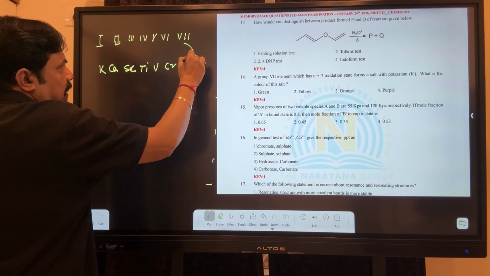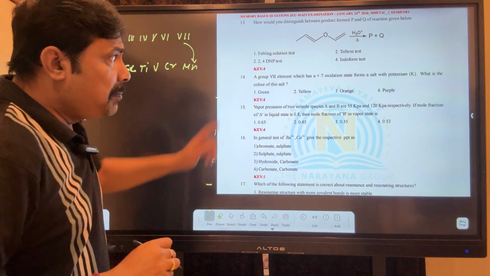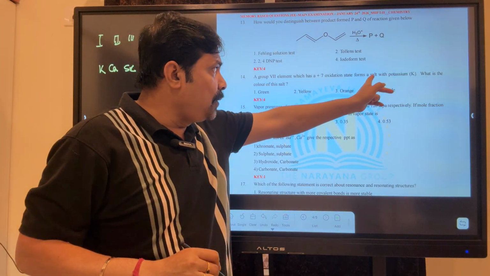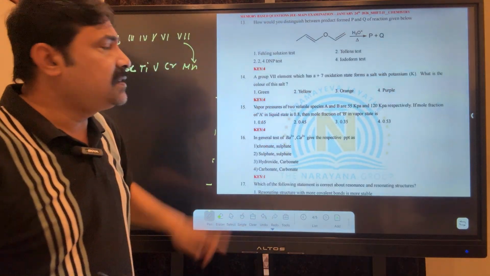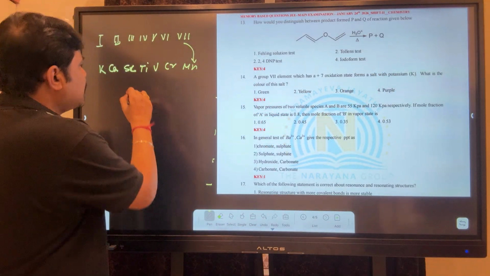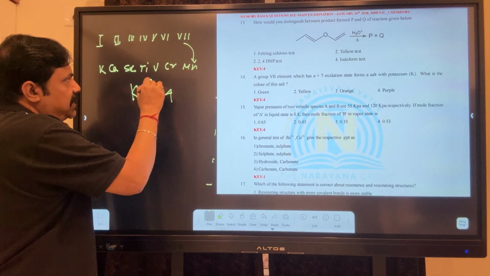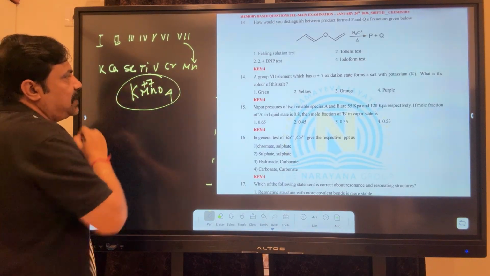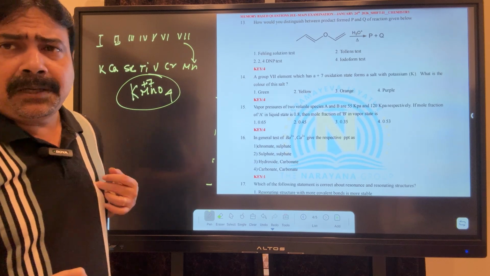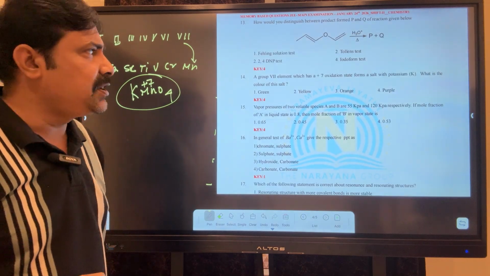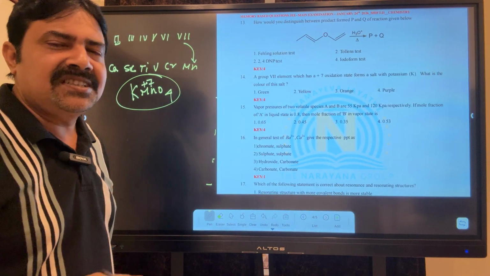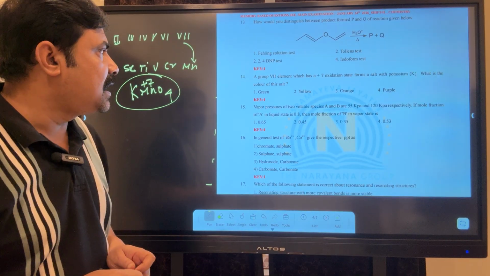That means which is the group 7 element? Manganese. Manganese forms a salt with potassium. What is the color of the salt? A very famous compound, everybody knows, KMnO4, where manganese, the group 7 element, is in the +7 oxidation state, which is a purple-violet color. They are talking about KMnO4, so the fourth option is right, purple color.